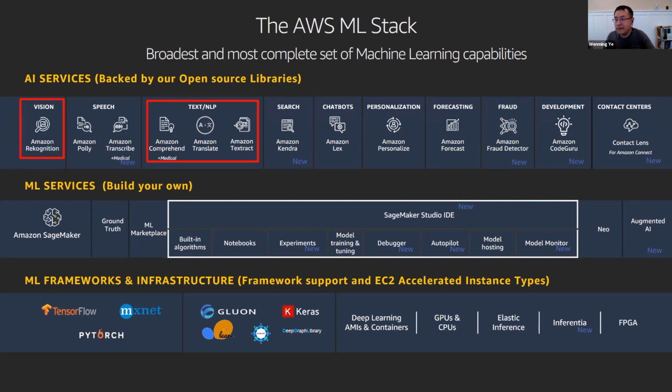EFA is a way for the underlying networking to communicate efficiently using RDMA, or remote direct memory access. It has notebooks, experimentation, debuggers, Autopilot, which is a built-in AutoML service, and model hosting. So essentially, you would be doing that lab yourself.